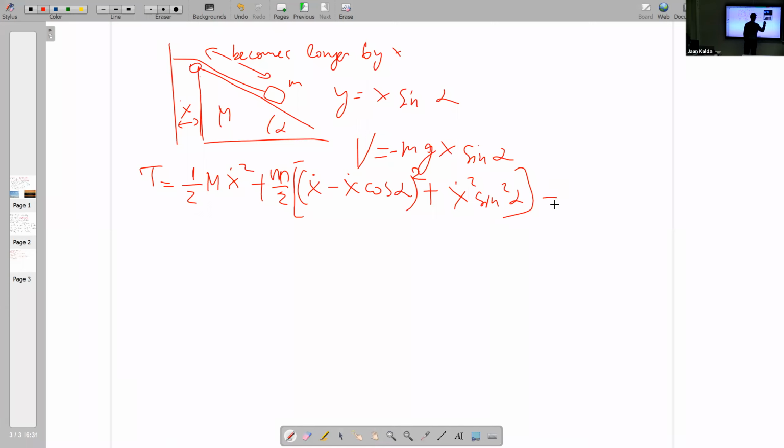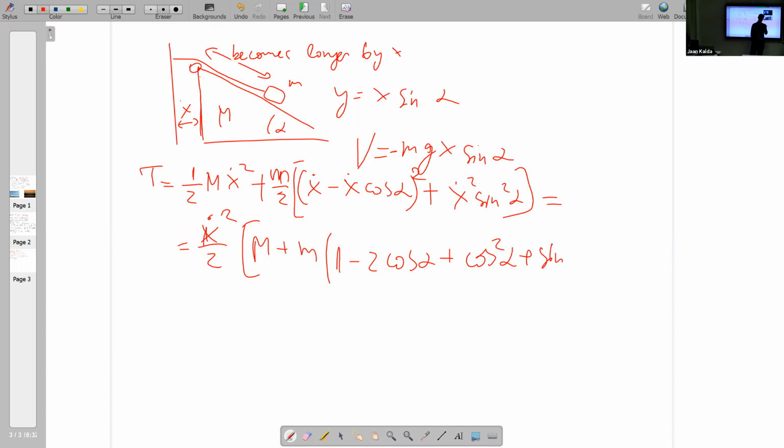And then we can simplify it. Now x dot goes before the braces, x dot squared divided by 2, and then goes M plus m, and then goes 1 minus 2 cosine alpha plus cosine squared alpha plus sine squared alpha, which equals now x dot squared divided by 2 and M plus 2m and 1 minus cosine alpha.